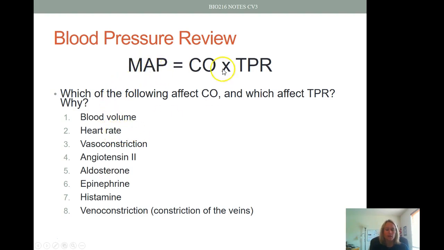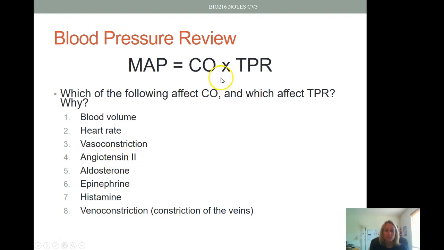Heart rate. Cardiac output is the product of the heart rate times the stroke volume, so heart rate is going to affect cardiac output. Vasoconstriction. When we say vasoconstriction, we mean constriction of the arterioles. Constriction of the arterioles is going to lead to an increase in vascular resistance or an increase in the total peripheral resistance. Angiotensin II.